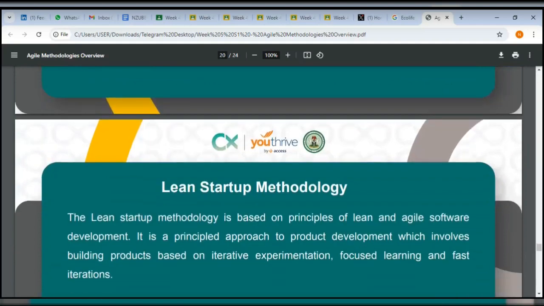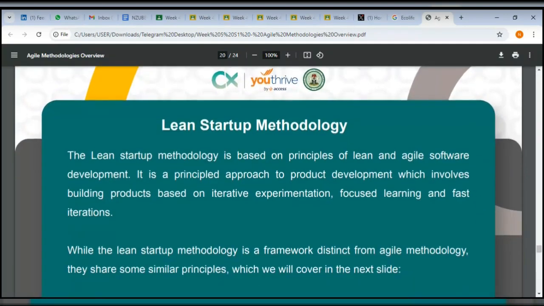Okay. Lean startup methodology. The Lean startup methodology is based on principles of lean and agile software development. It is the principled approach to product development which involves building products based on iterative experimentation, focused learning, and fast iterations.